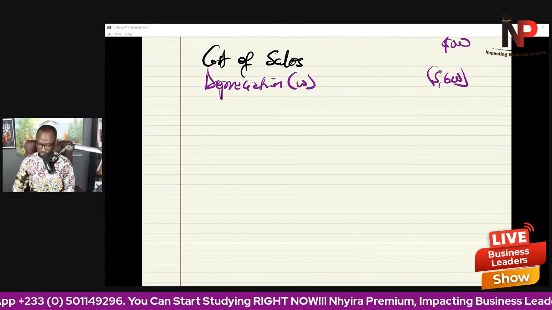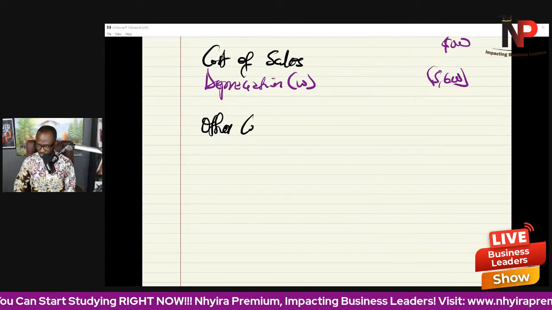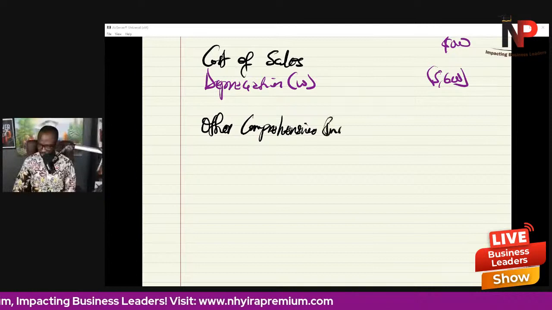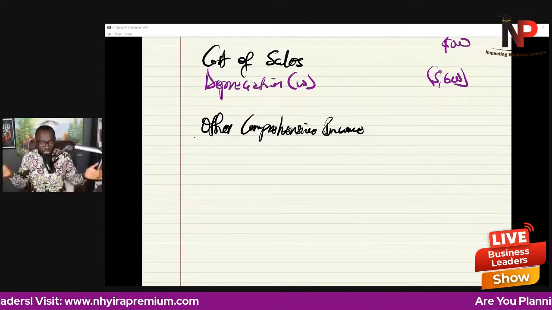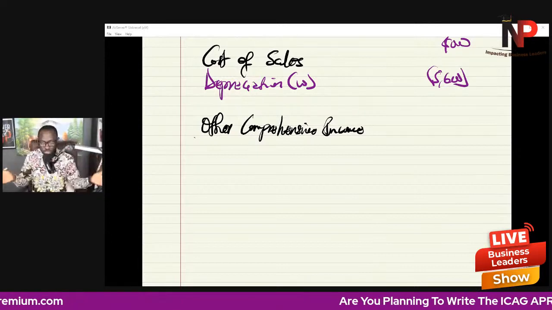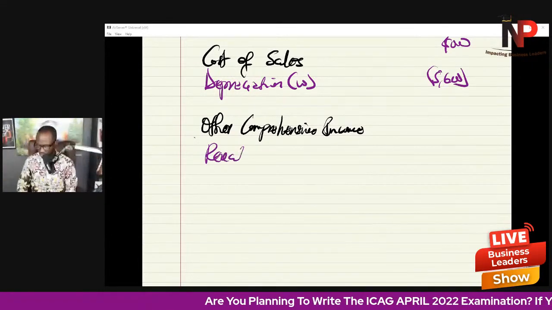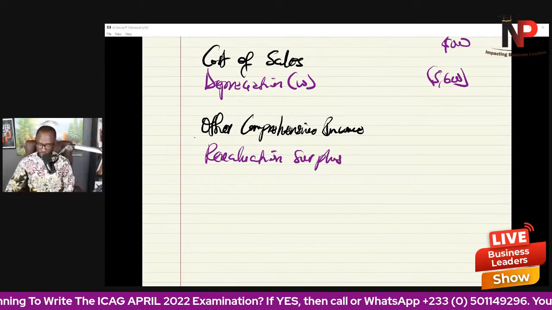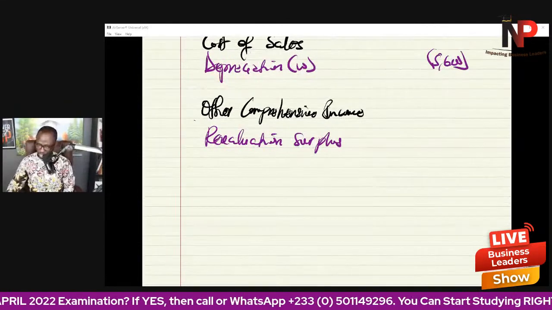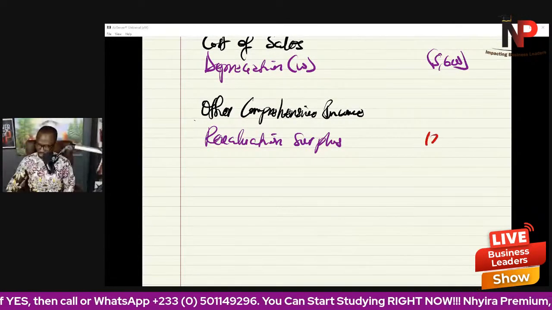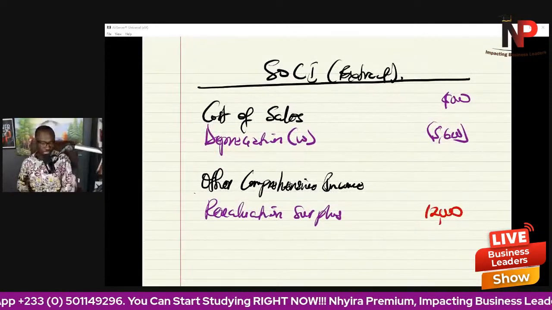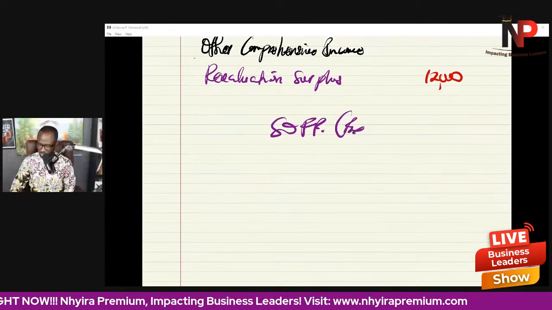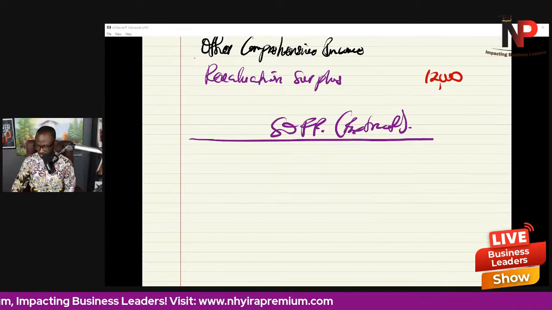Then we go to the other comprehensive income. Now it appears that this asset has not been revalued previously. So the whole revaluation surplus is going to come here, and that is going to be an amount of 12,000. That's it. Then you go to your statement of financial position. Also an extract. Make sure you write all these in full.